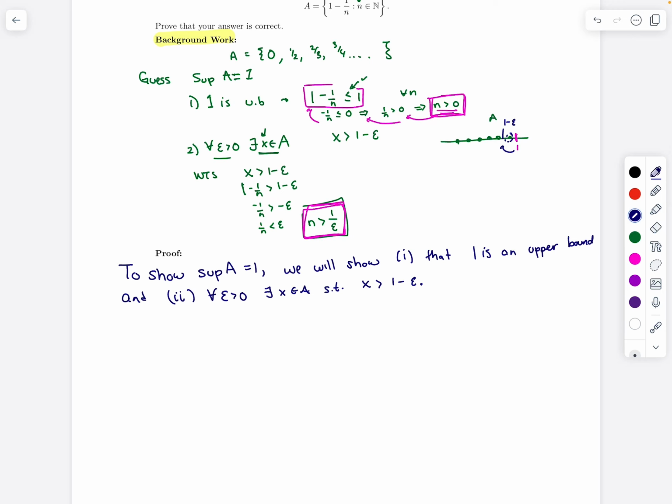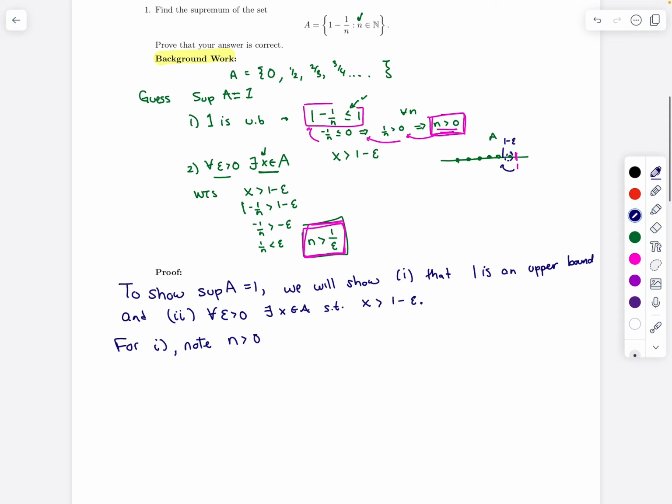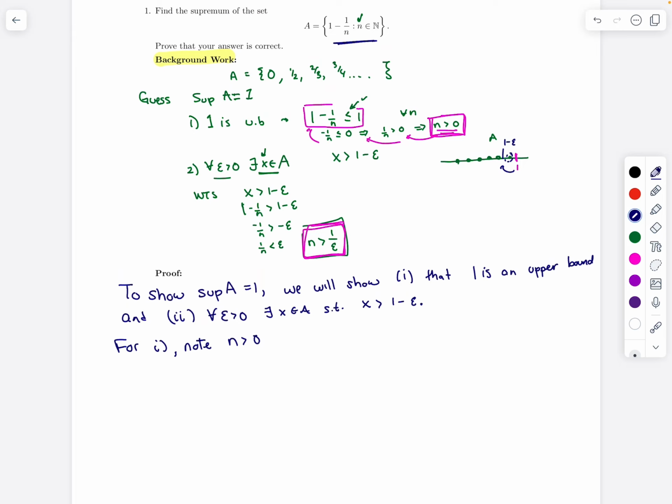Okay, so now for part 1, to show the first thing, I'm going to start with what I know. So I can say, note that n is greater than 0. That's just for this n coming from here. Maybe you can say, when n is a natural number, 1 over n is greater than 0. I'm going backwards along my steps.